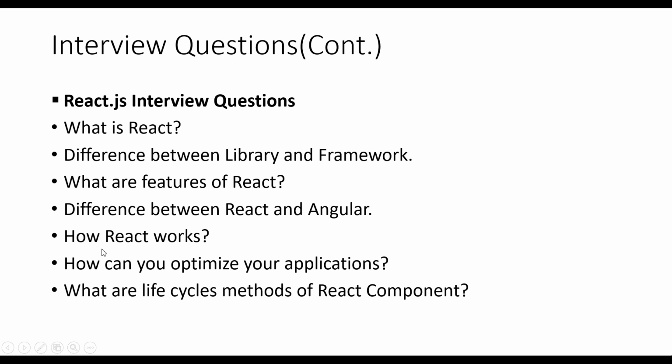And then he asked me how React works. So React uses virtual DOM. Virtual DOM is basically a virtual copy of the real DOM. Every time in our React application, it maintains two virtual DOMs. If we make any change in our React component, then the virtual DOM gets updated, and then the updated virtual DOM gets compared with the previous virtual DOM.